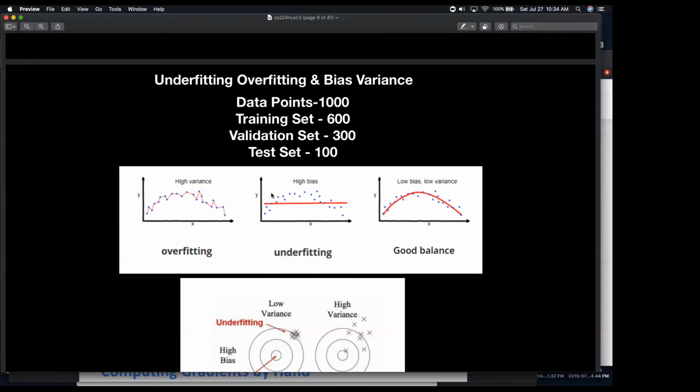If the loss keeps going down, you're not overfitting, but if the loss on the validation set starts going up, that's when you start overfitting. So the first attempt should always be to overfit your data, and then you apply regularization and other techniques to bring it back.